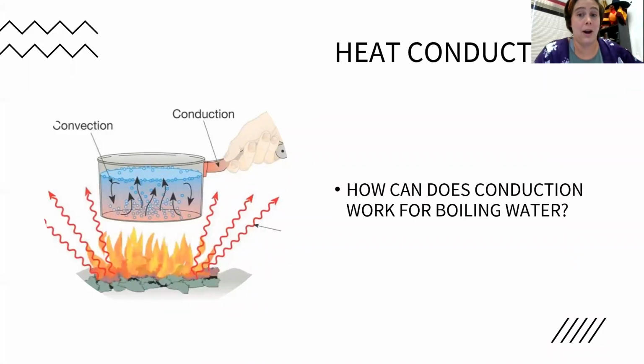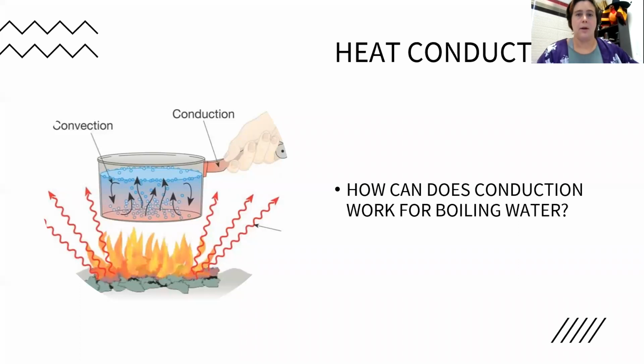Let's specifically talk about heat conduction, all right? So we have a visual of a pot of water being boiled. Now, I noticed a mistake that I made. Can should not be in that statement. So we'll just scratch that out just for a moment, and let's focus on how conduction works for boiling water.